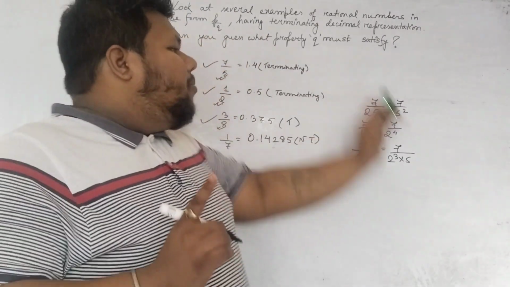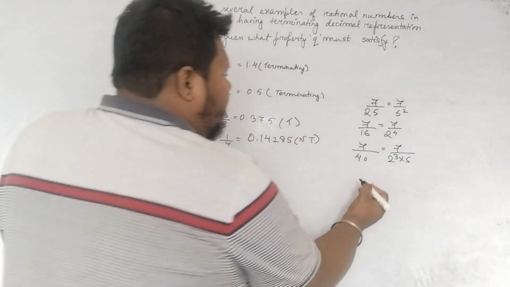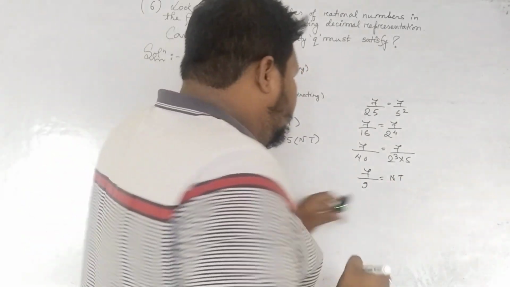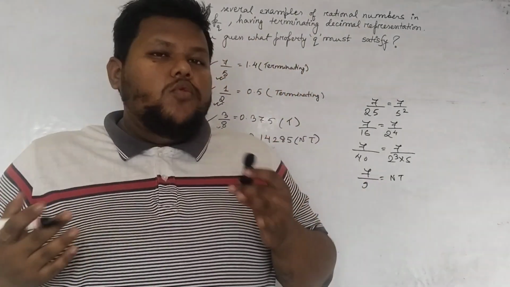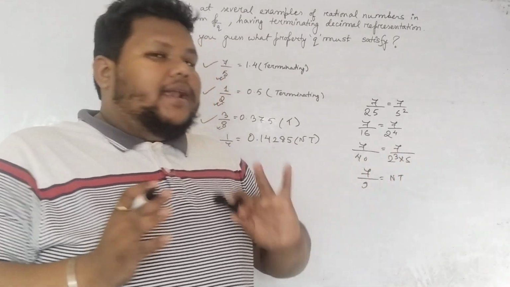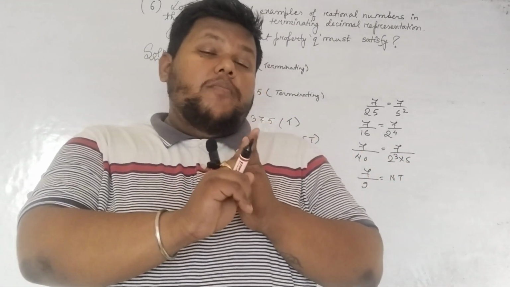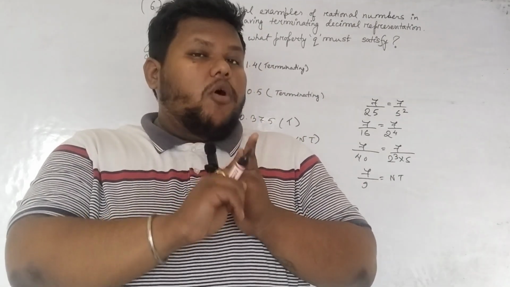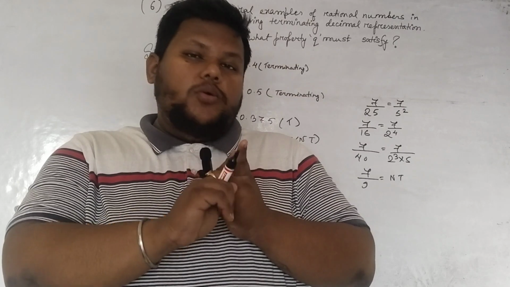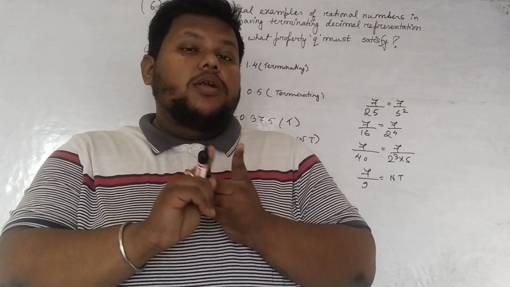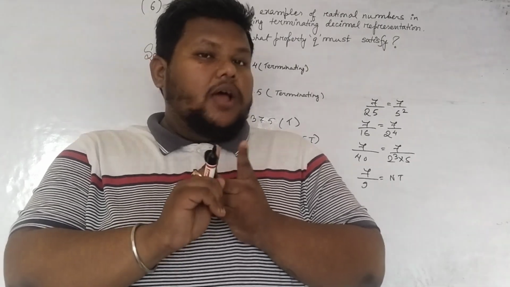But apart from that, if I use any other thing like 7 by 9, this one will be non-terminating, because here there is no power of 2 or 5 or any combination of them. So q must be a power of 2 or power of 5 or a combination of both. Apart from that, others will all have non-terminating decimal. I hope it is clear.